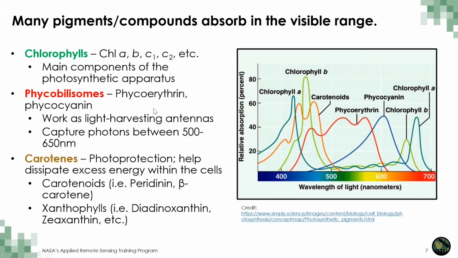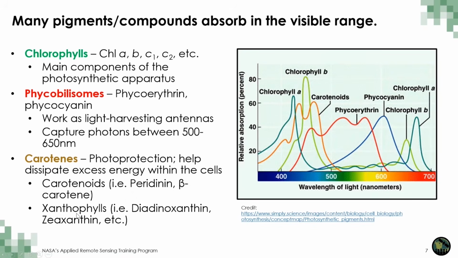Now, both of these pigments work like harvesting antennas in the photosynthetic apparatus, and as I said, they capture photons between the green and the red part of the spectrum. Then there are other pigments associated with photosynthetic organisms, the carotenes, which are mostly for photoprotection. Some of them are the carotenoids like peridinin, which is characteristic of the zooxanthellae inside corals, beta-carotene and others.